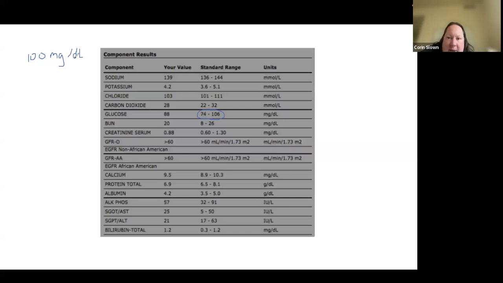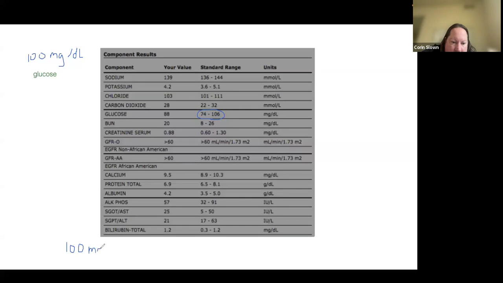So if I'm thinking about this conversion, and I wanted to convert my milligrams per deciliter to millimole per liter, how would I do that? I'm going to do that at the bottom of the page. So this is glucose. And if I'm doing this calculation, I have 100, and that's the milligrams.